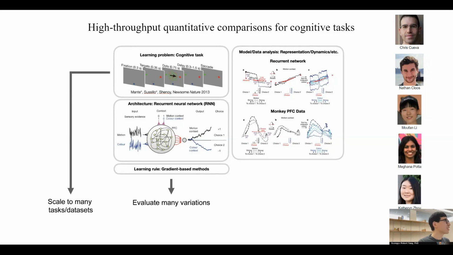What's limiting us? Let's look at 100. But I'll only show you 2 today. So then let's not just look at one type of network and one type of learning rule. Let's look at many types of networks, many types of learning rules, etc.